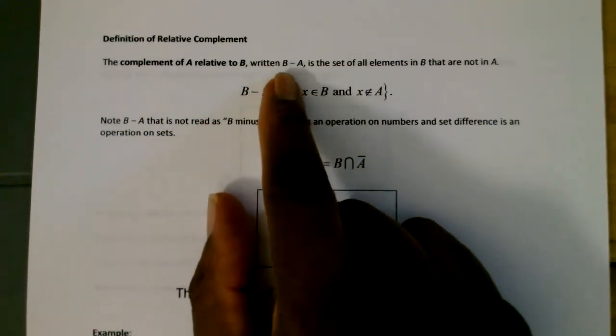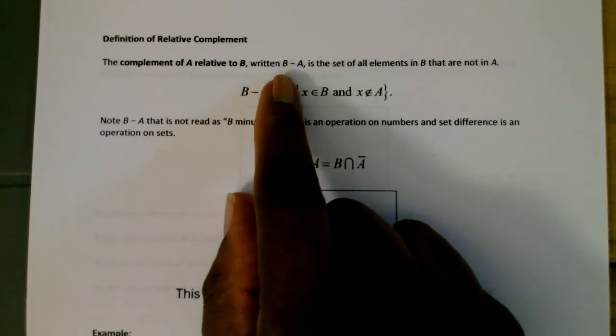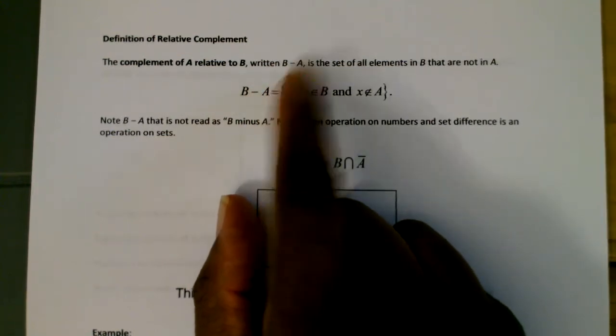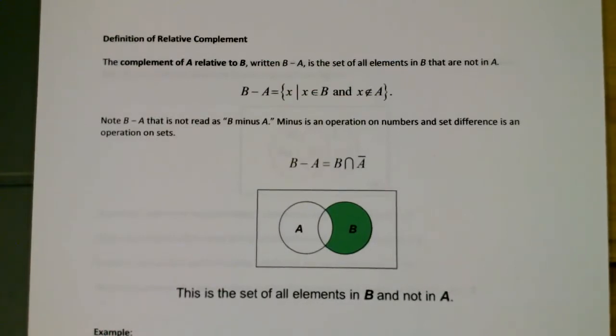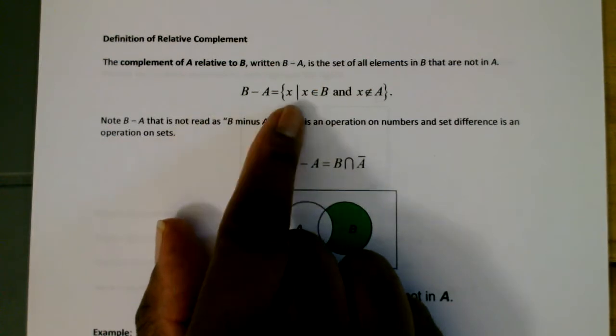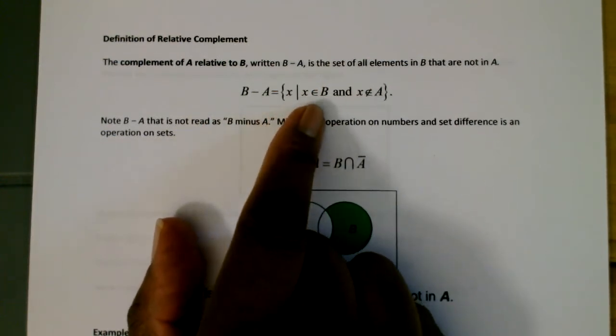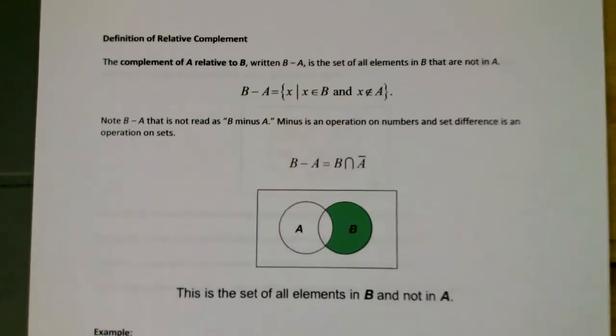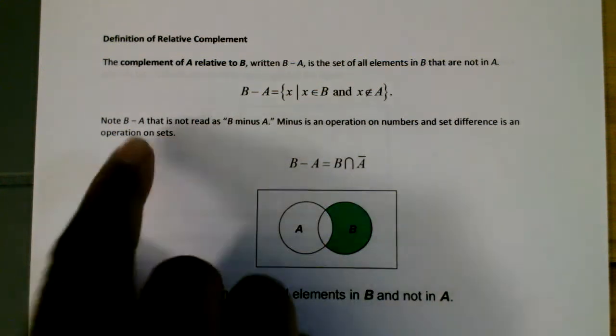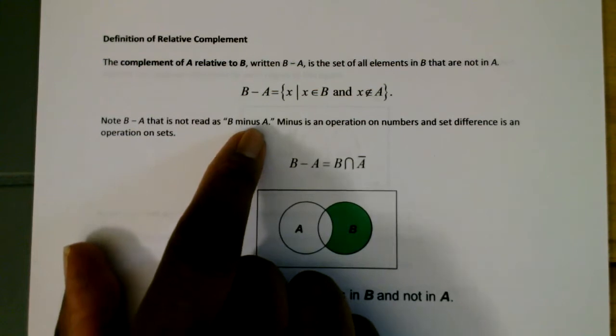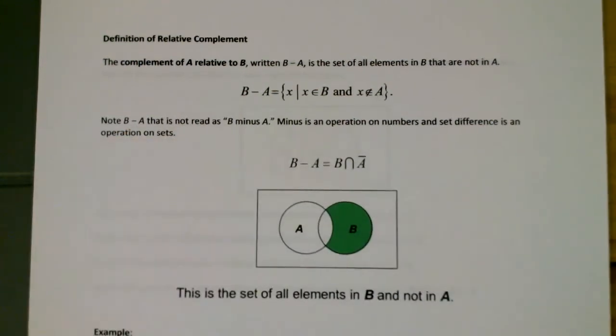Now, keep in mind, we have to say the complement of A relative to B. It may look like B minus A, but it's not actually B minus A. That's the set of all elements in B that are not in A. So here, the complement of A relative to B is this, the set of all X such that X is an element of B and X is not an element of A. And as I mentioned, this notation is not read B minus A. That minus sign is an operation on numbers, and set difference is an operation on sets.